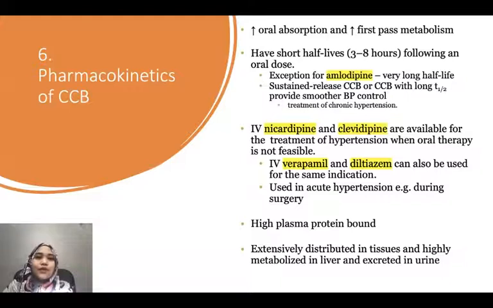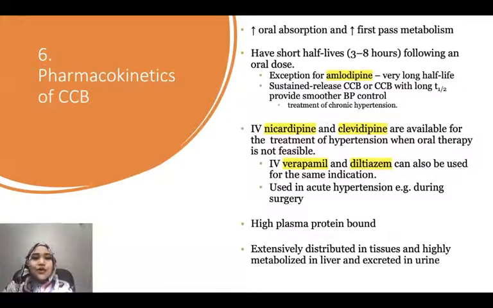And some of the calcium channel blockers are also available in IV form, including nicardipine and clevidipine, verapamil and diltiazem, which is often used when oral therapy is not feasible, especially during hypertensive crisis or hypertensive emergency or urgency.